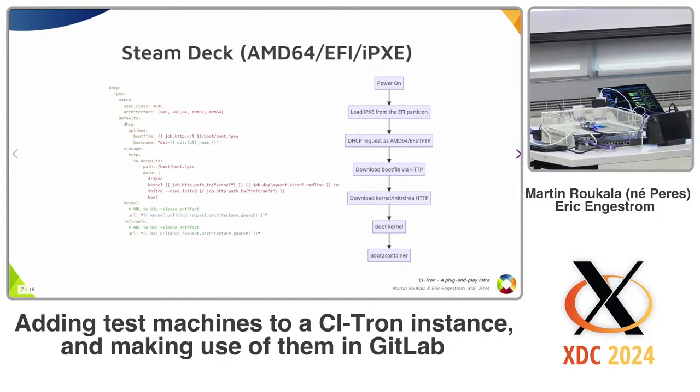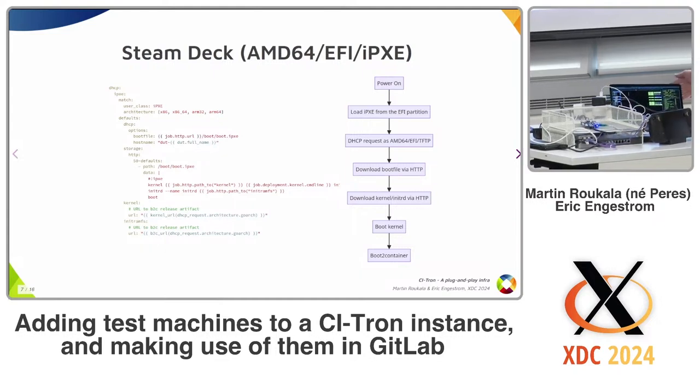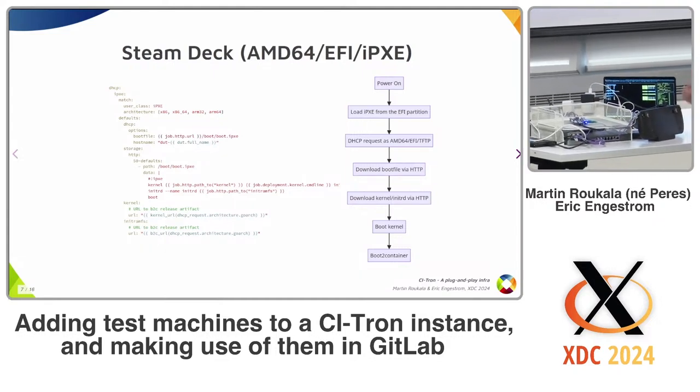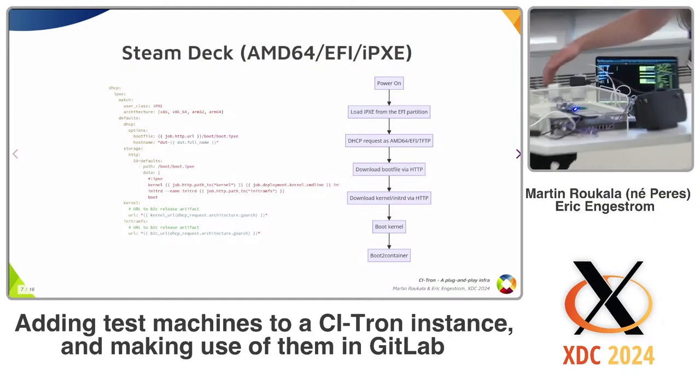We plug in the network and serial console. In a bit, we'll press Discover on the dashboard, and it will turn on the PDU port that he just showed, and CI-Tron will wait for a new device to appear.